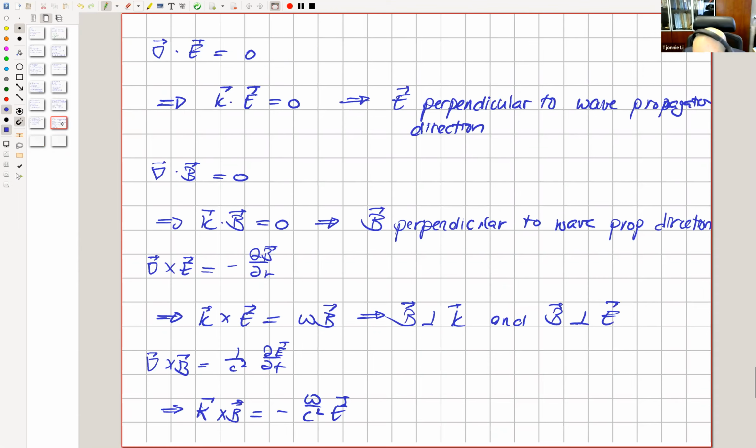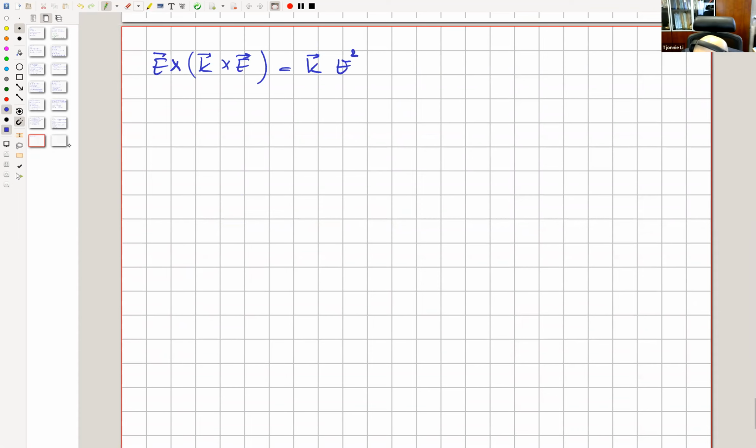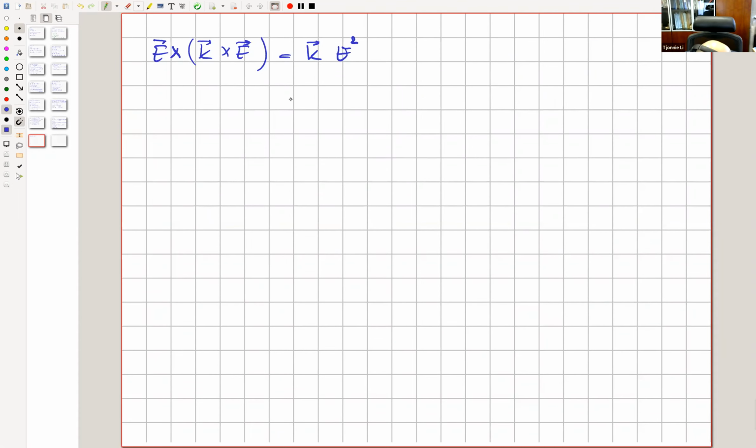But I know that k cross E equals omega B. In this case, we know that this equals omega E cross B. So in this case, we can simply arrive at something that looks of the following form.